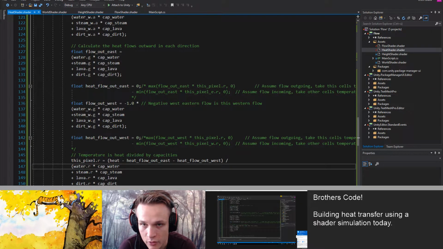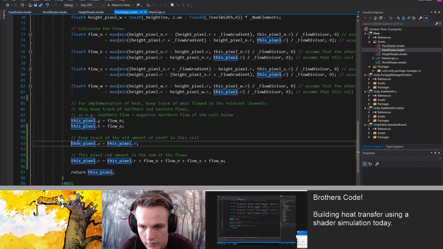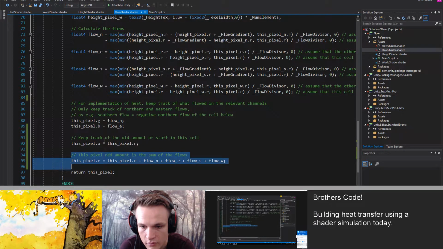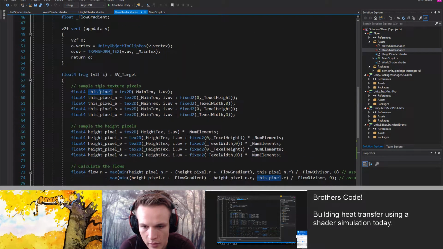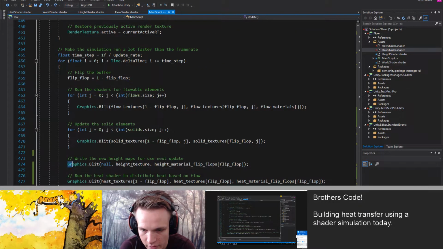Is the update order correct? Is the new capacity actually getting set, or the old capacity actually getting set, like the dot A? Dot A should be getting set before dot R, yeah. Oh, I mean, okay, I meant this whole script, the main script, but of course it wouldn't work otherwise. Yeah.